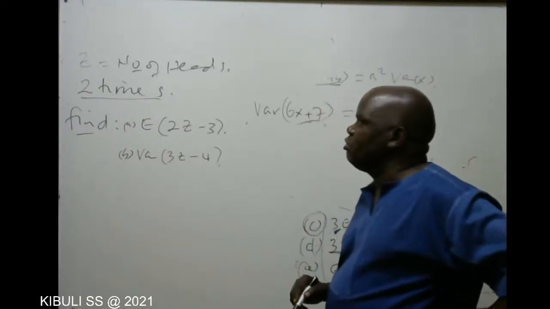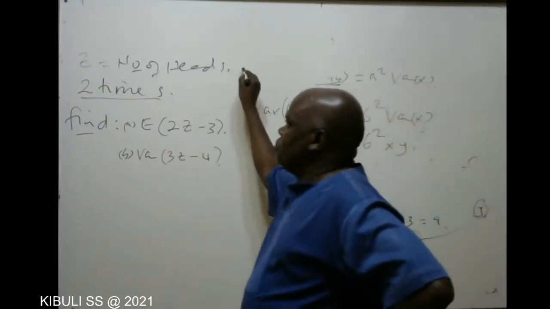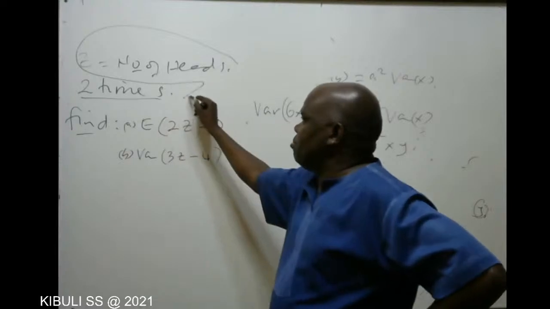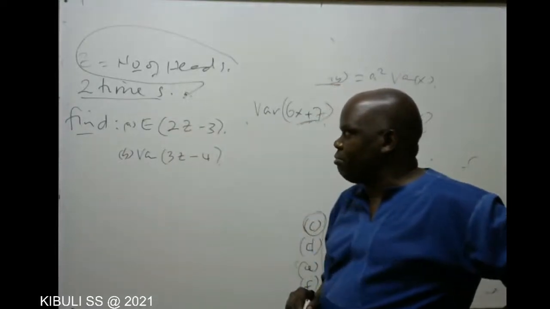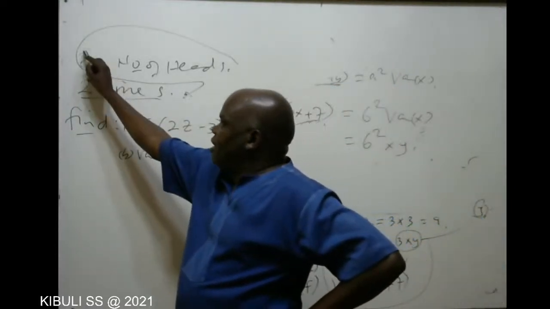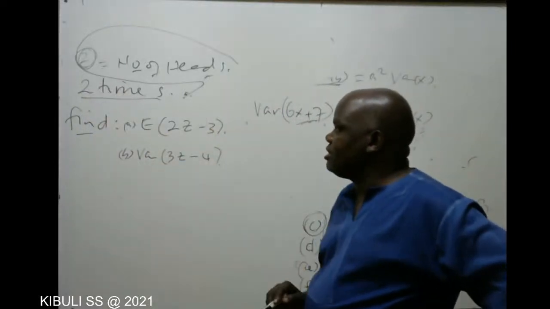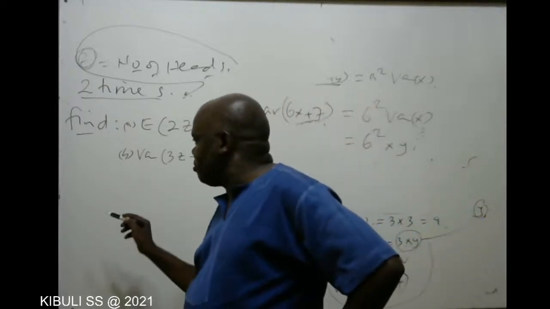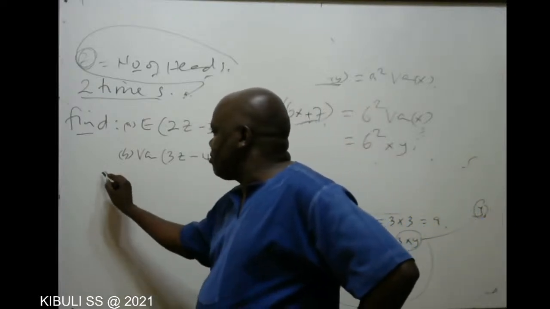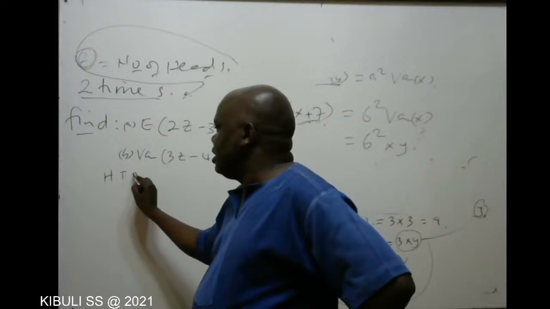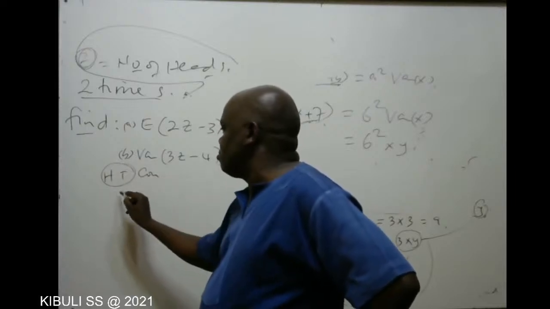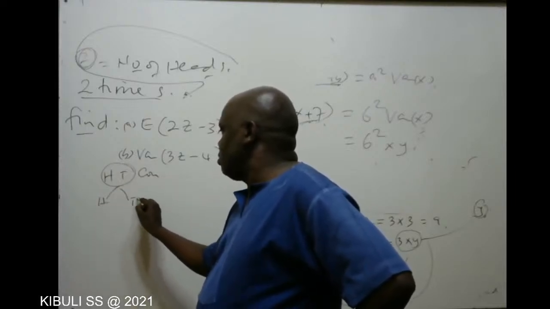Now, in such a situation, you be careful, because first, you're told it's a coin which is tossed 2 times. And they're telling you that the random variable was the number of heads. So you must generate first the coin outcomes. When it's tossed 2 times, we shall have our head and our tail. The first tossing we get a head or a tail.